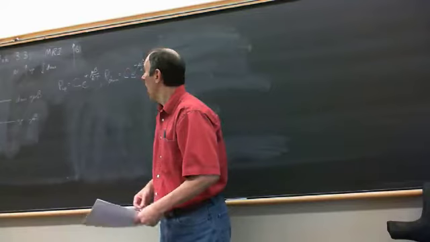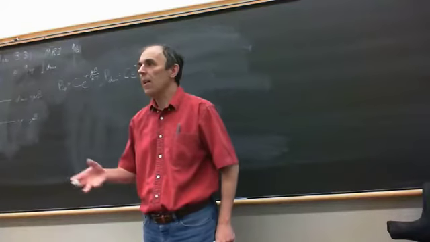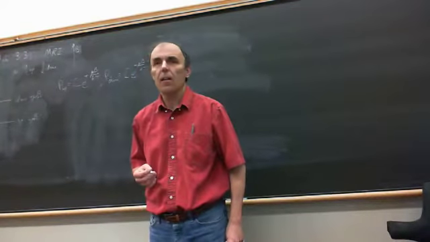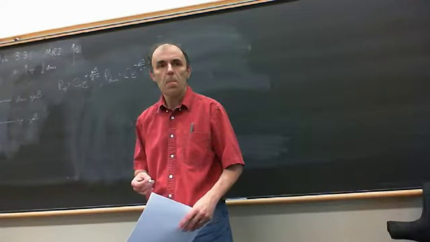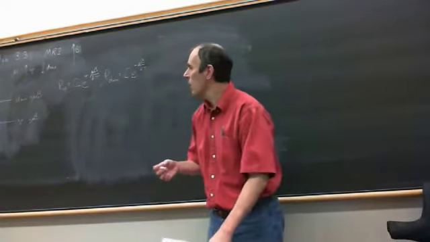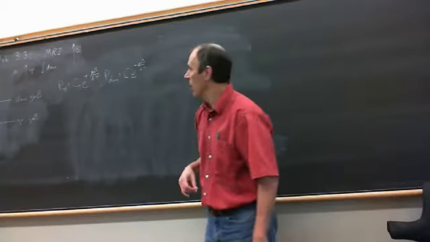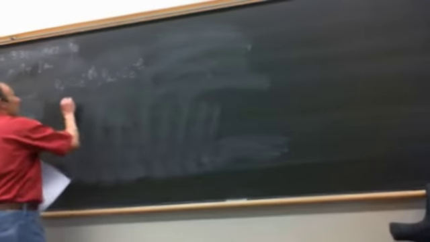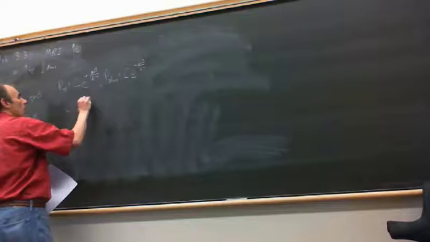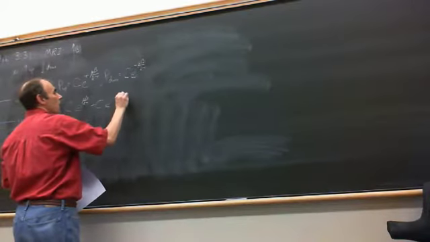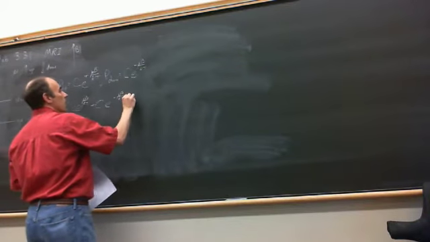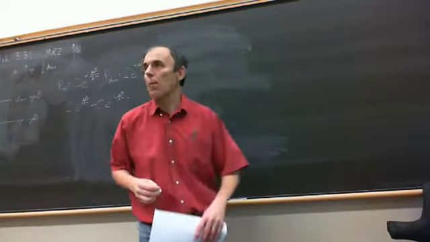Now, we don't know C. How did I say we're going to find C? The condition: the sum of the probabilities has to equal 1. So that means C e to the mu b over kT plus C e to the minus mu b over kT is going to equal 1, since they're probabilities.